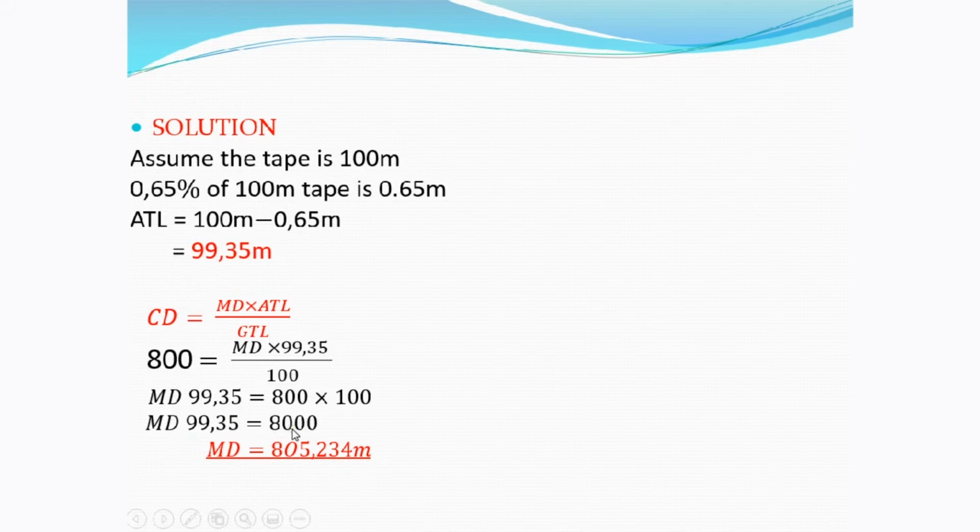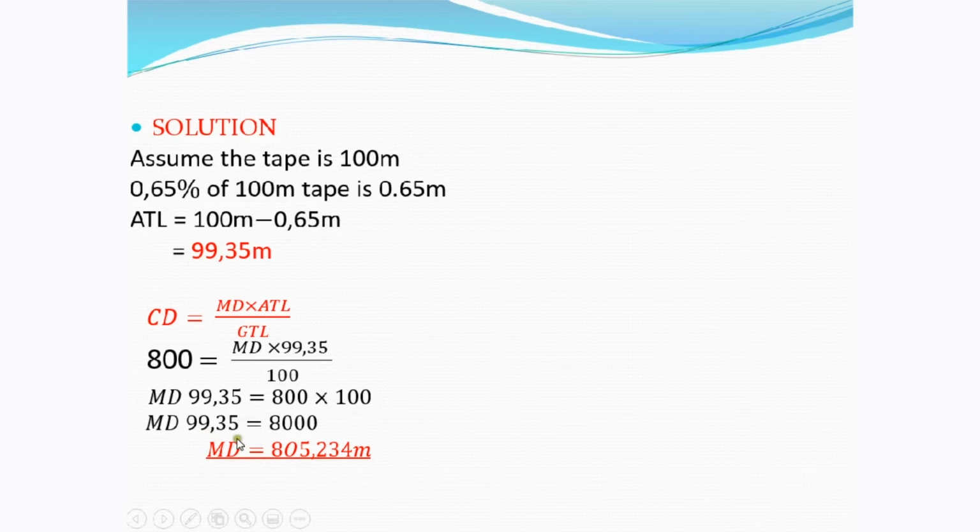Okay, then you go into your formula here for correct distance and you do the substitution. For the correct distance, you put 800. The measured distance is what we are looking for, and our actual tape length is 99.35 divided by the graduated tape length, which is 100 meters. And then you need to cross multiply, and then you will have the measured distance times 99.35 is equal to 80,000.